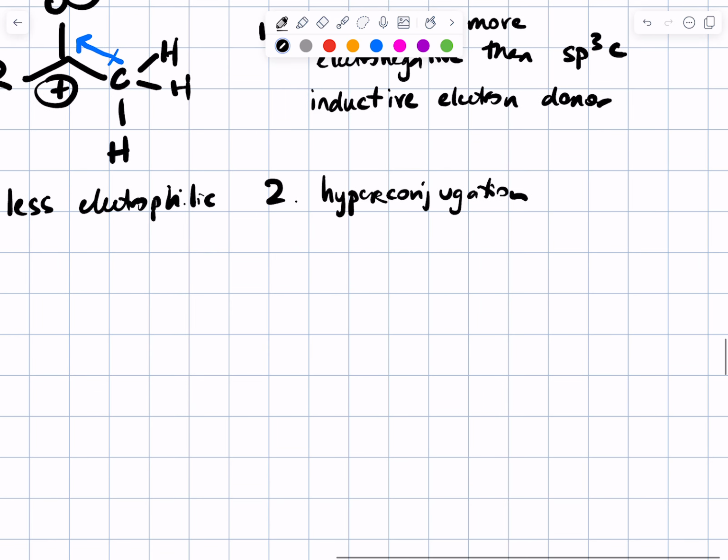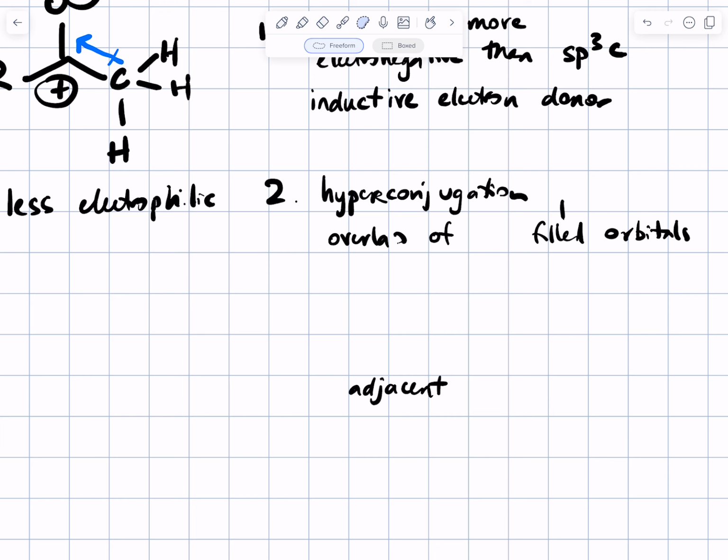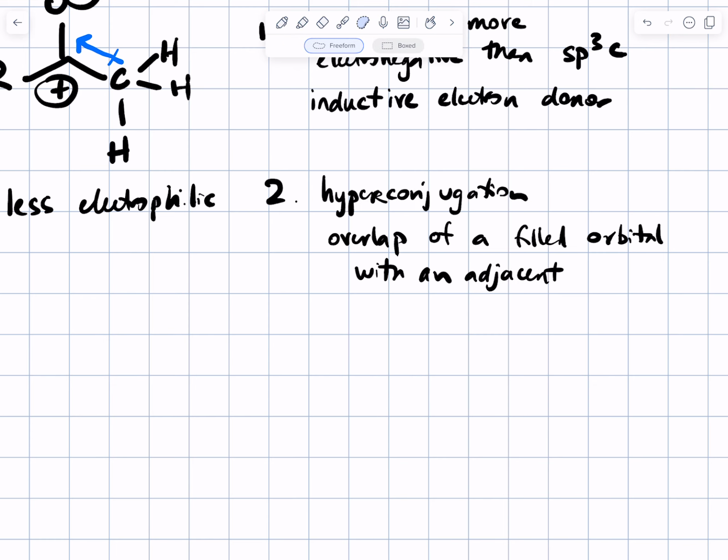No, hyperconjugation involves, in the same molecule, overlap of a filled orbital with an adjacent empty orbital. So hyperconjugation is, in the same molecule, overlap of a filled orbital with an adjacent empty orbital.